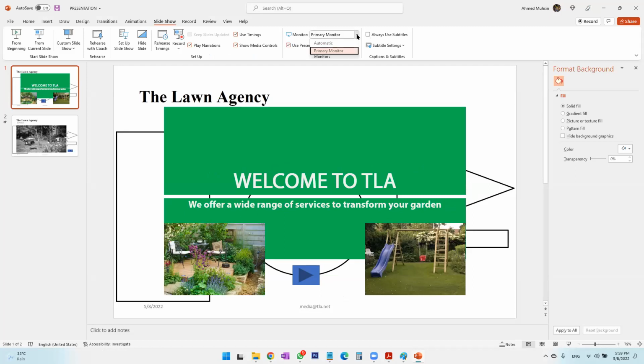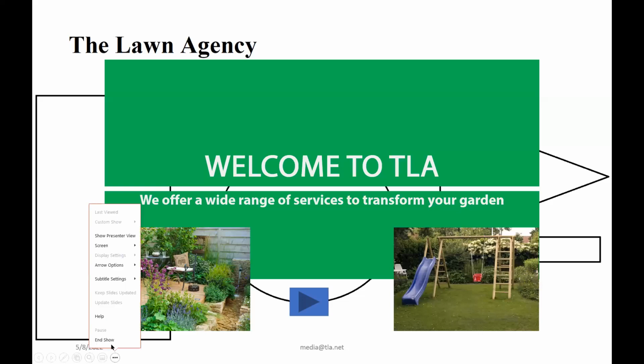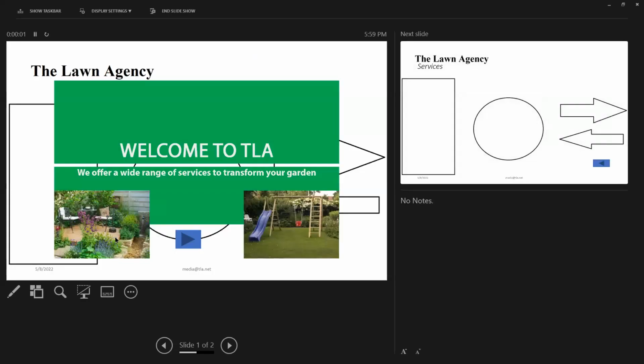I don't have anything to connect to. Normally it will allow me to, but since I don't have a monitor connected, it's not allowing me to change it. Give me a second, guys. This is the view.